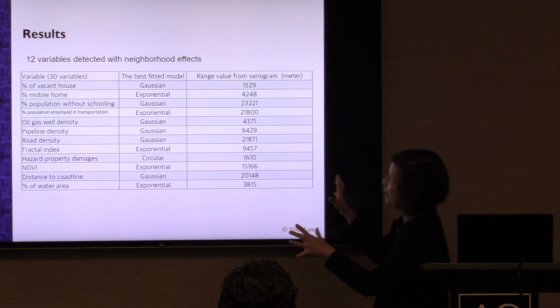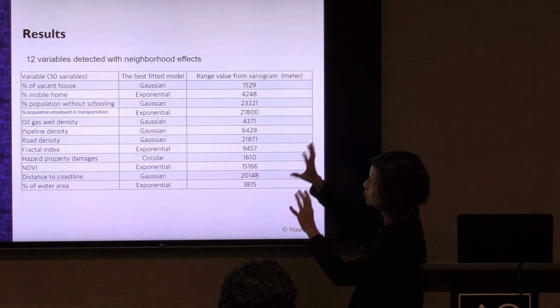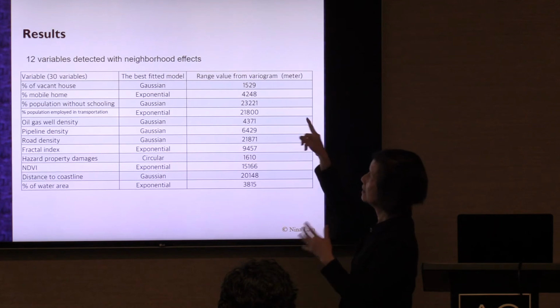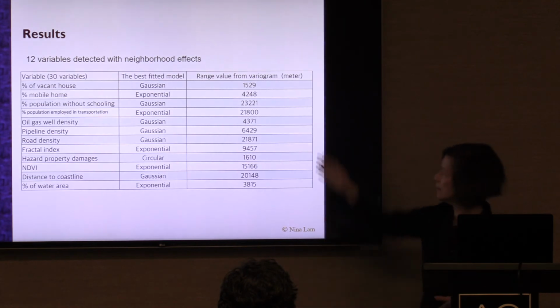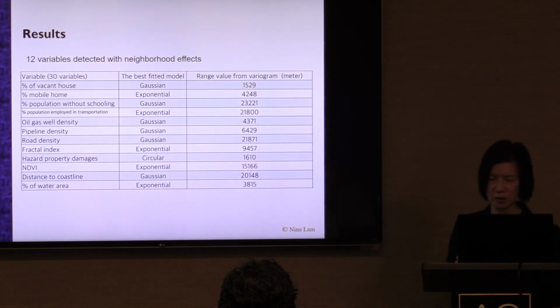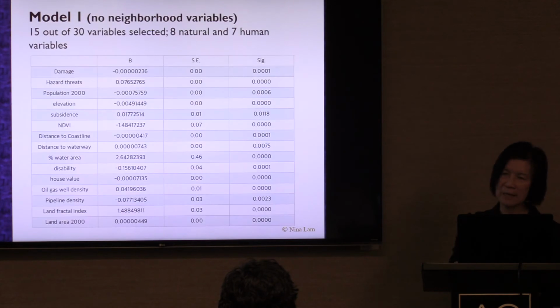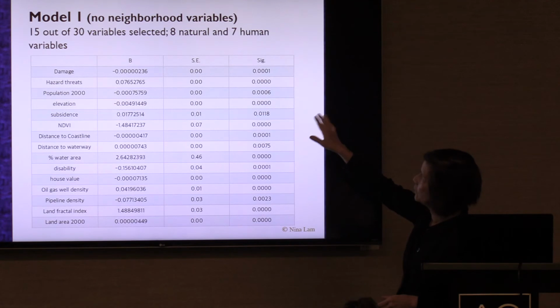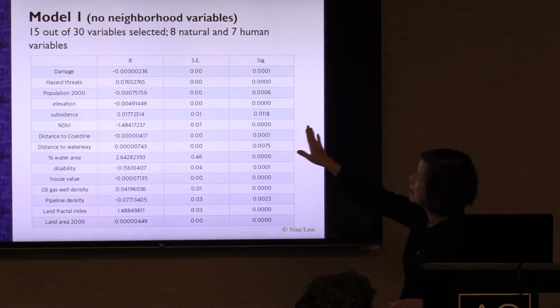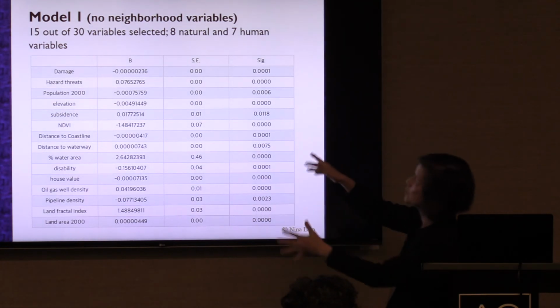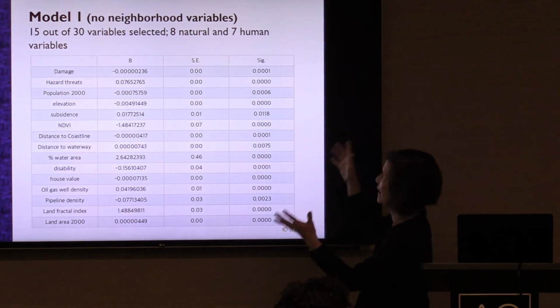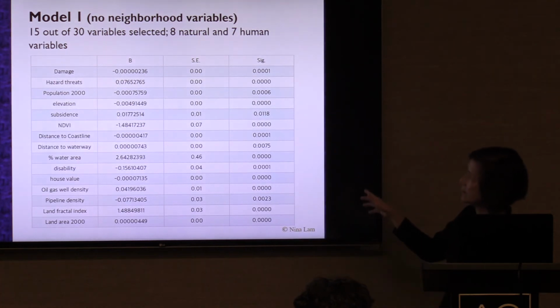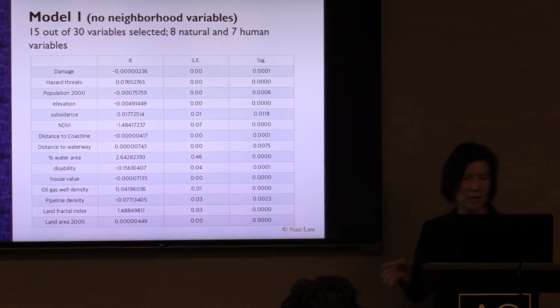From the variogram analysis, we identified 12 variables detected with neighborhood effects, and they all have the distance range. And again, it's very simple. For model 1, when you have no neighborhood variables, the stepwise regression selected 15 out of 30 variables: 8 natural and 7 human variables.